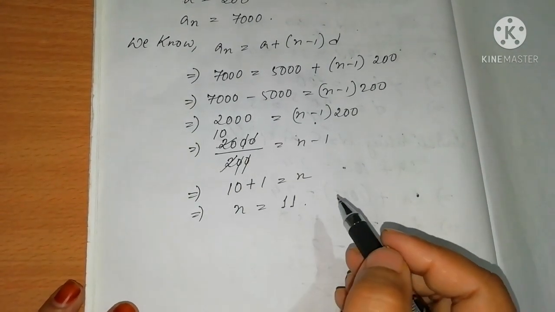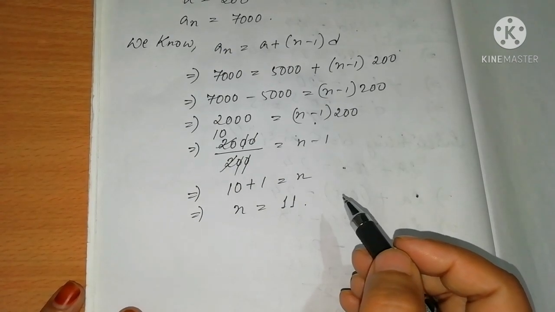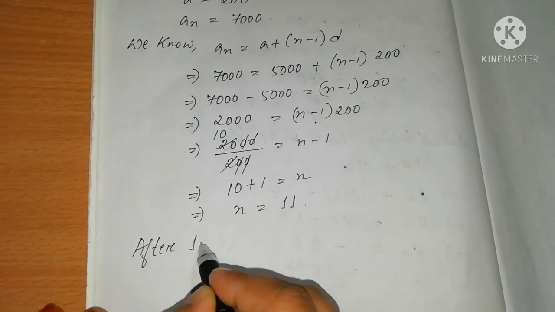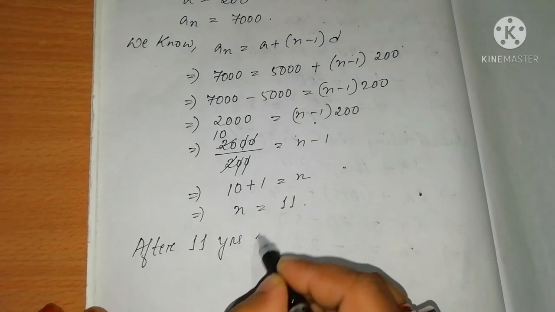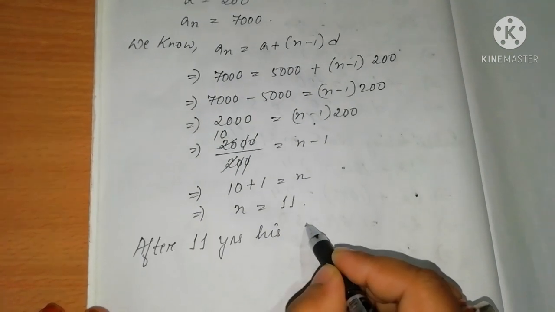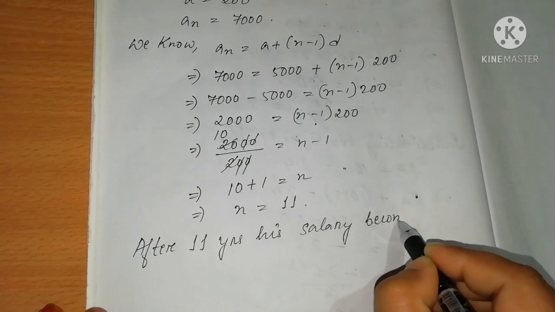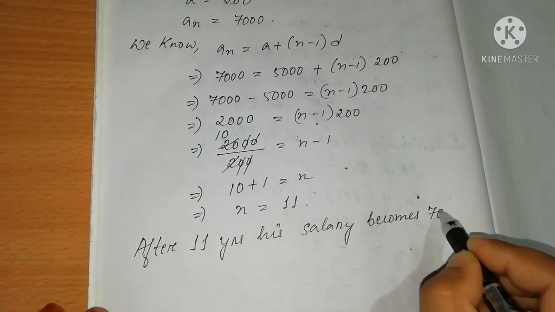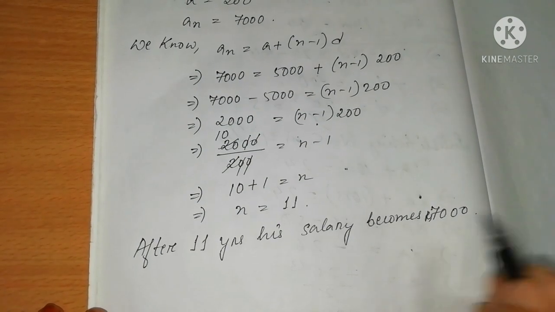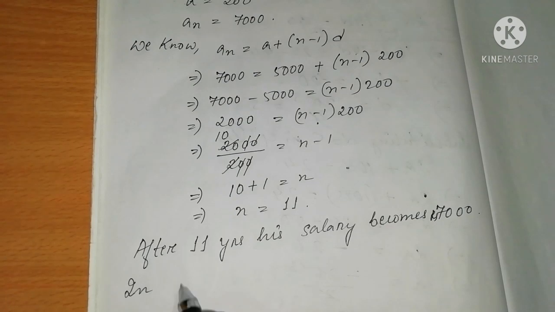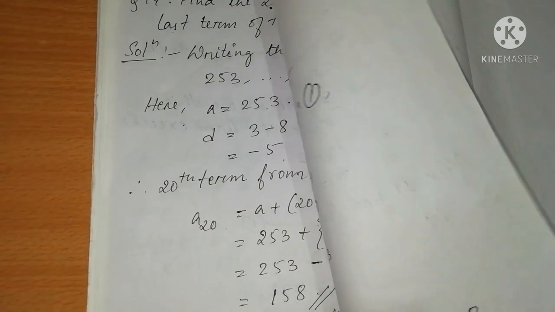That means after 11 years, his income has reached 7000. So after 11 years, his salary becomes 7000. But in this question it is given in which year. He started his work in 1995.